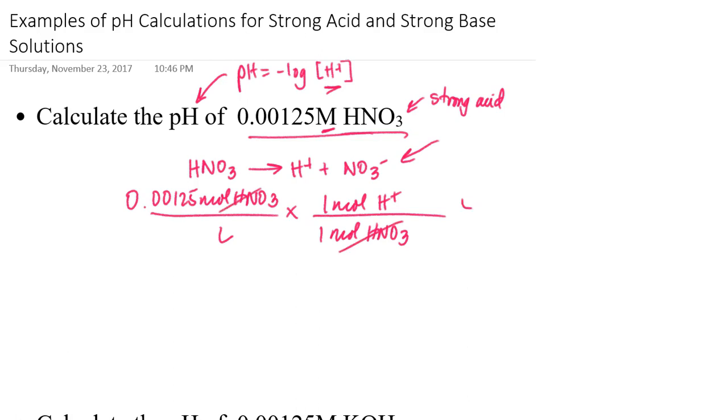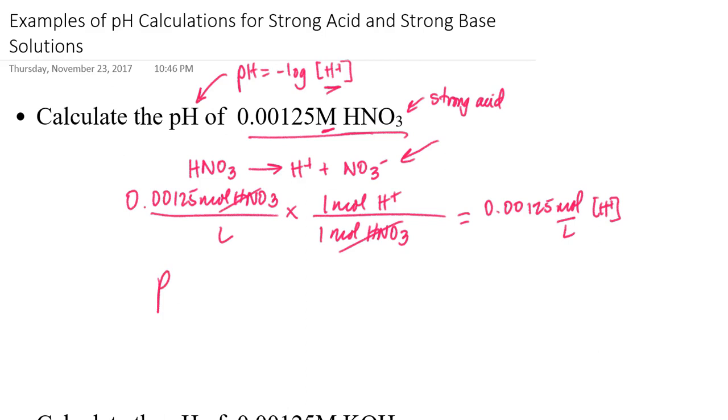And so that means that my concentration in solution for the hydrogen ion would also be 0.00125 molar in hydrogen ion.